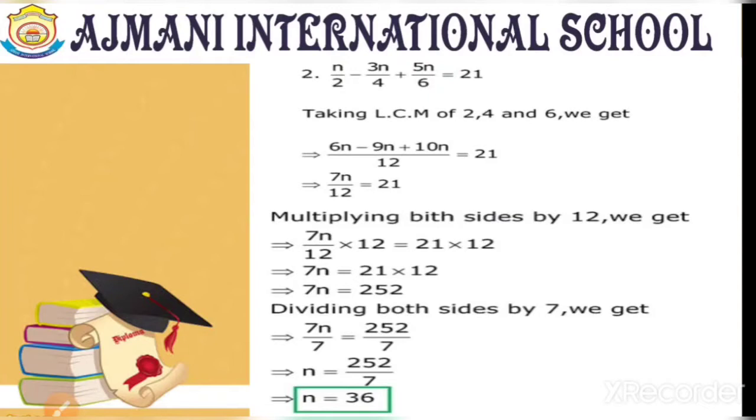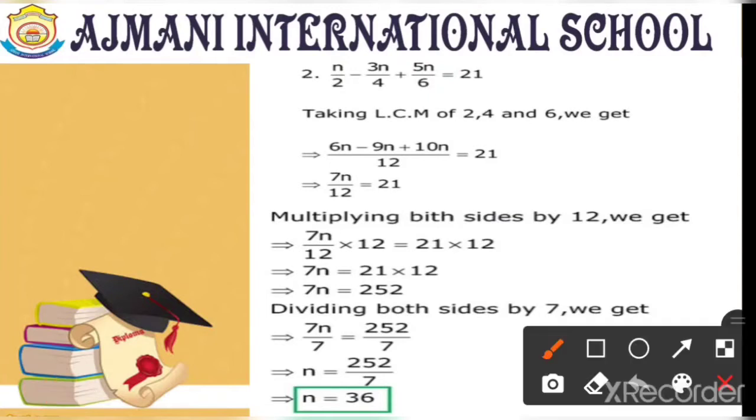Moving to the next question, that is n by 2 minus 3n by 4 plus 5n by 6 is equal to 21. As you can see, all the variable terms are on your left hand side. So just simply take the LCM of 2, 4 and 6 on LHS. You would get 12. So in the numerator it would be 6n minus 9n plus 10n upon 12 is equal to 21.